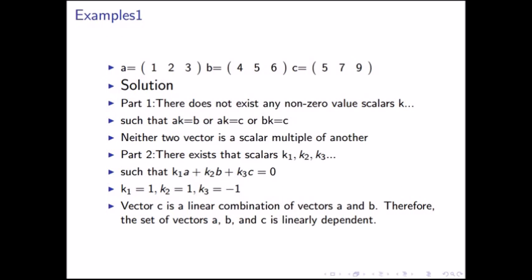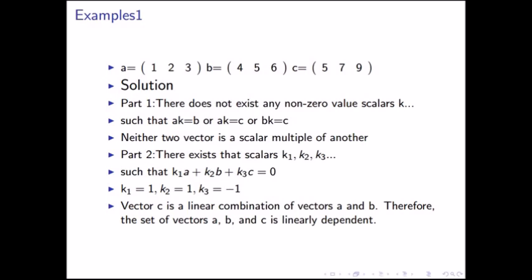Now, let's look at some examples. Whether vectors A, B, or C are linearly dependent or independent to each other. First, there does not exist any non-zero scalar k such that ak is equal to b, or ak is equal to c, or bk is equal to c. So, no vector is a scalar multiple of another vector.